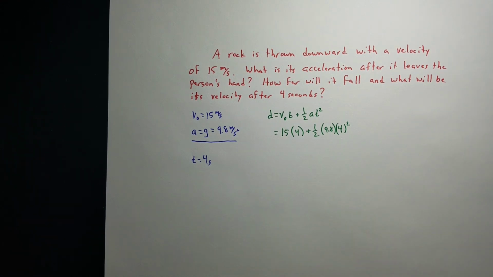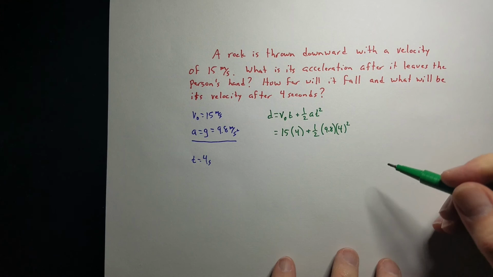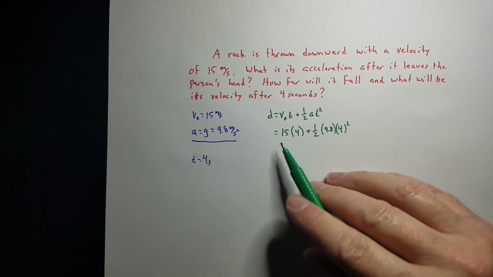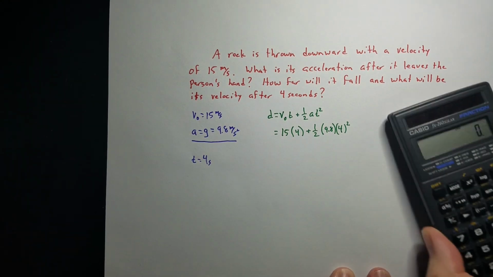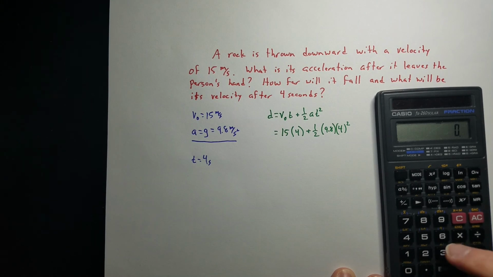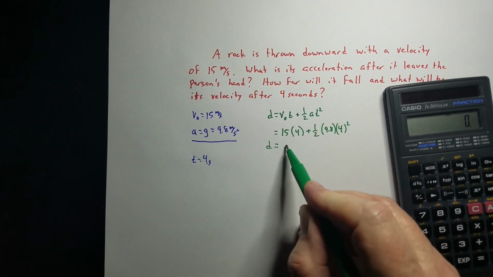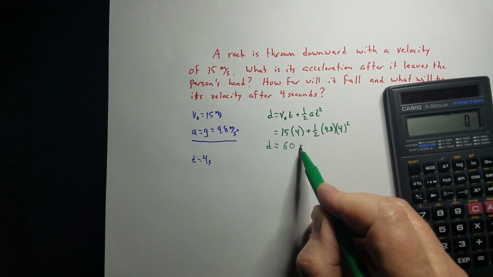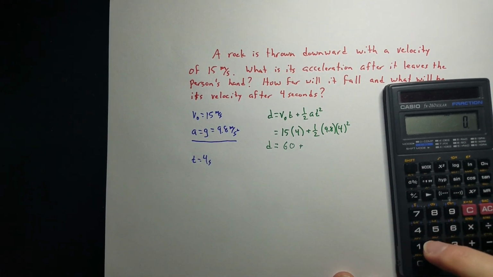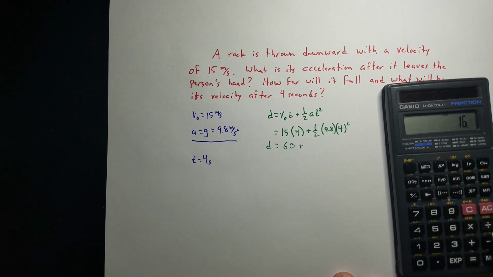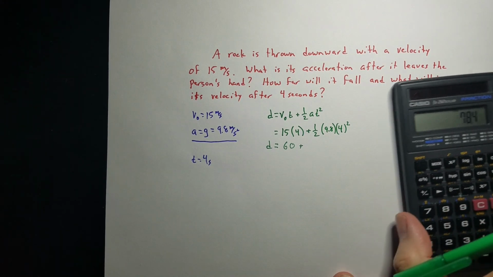So, to figure out the distance that travels during that time, I've already got things set up. So all we have to do now is actually calculate that. So we have got this will be 60 plus, well, 4 squared, 16. Take half of that, then multiply by 9.8.